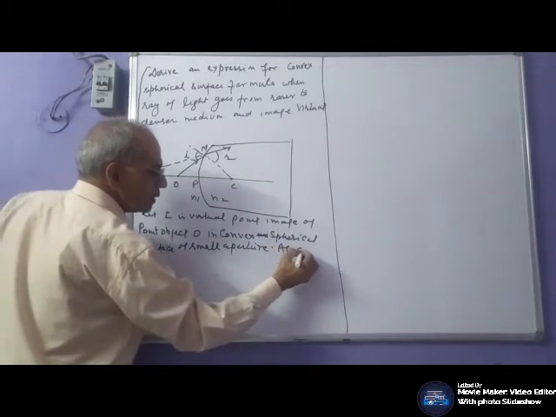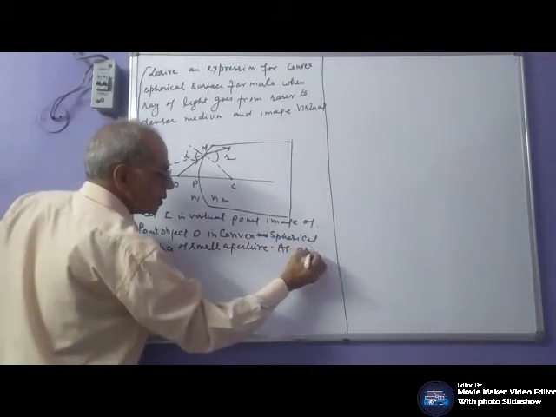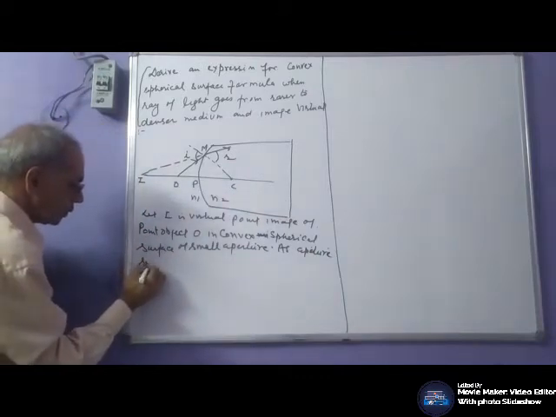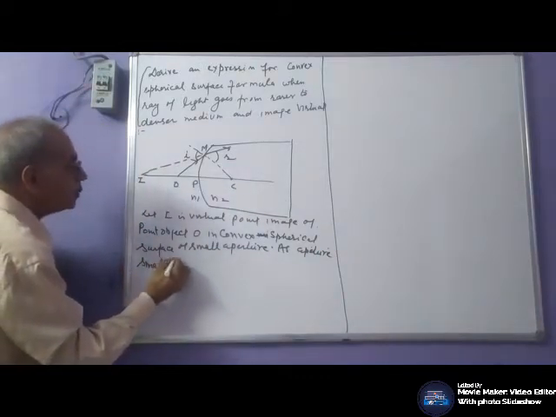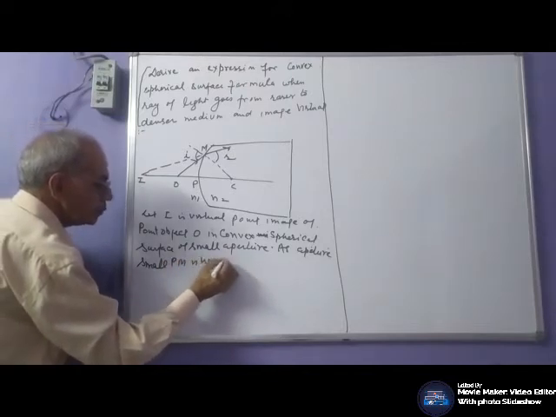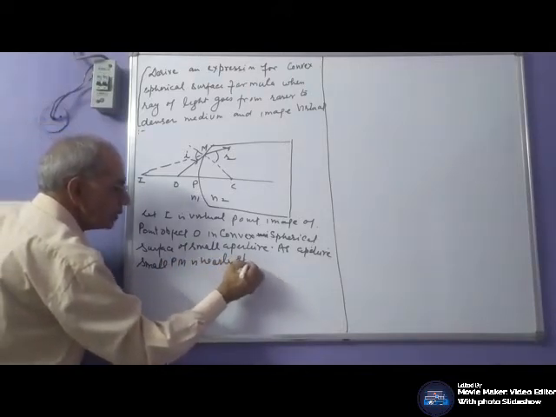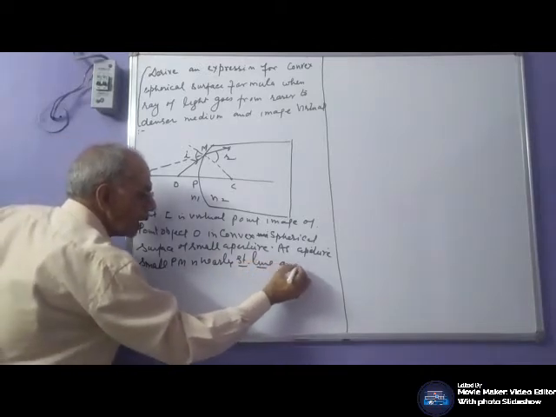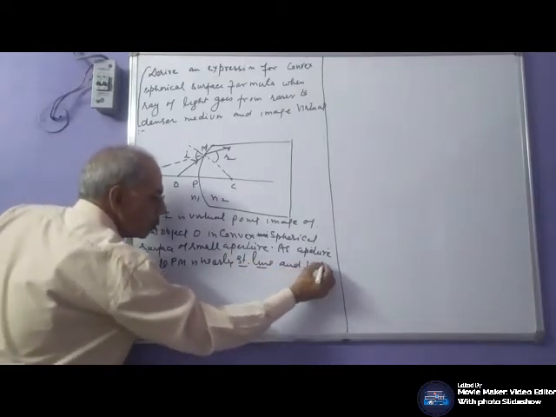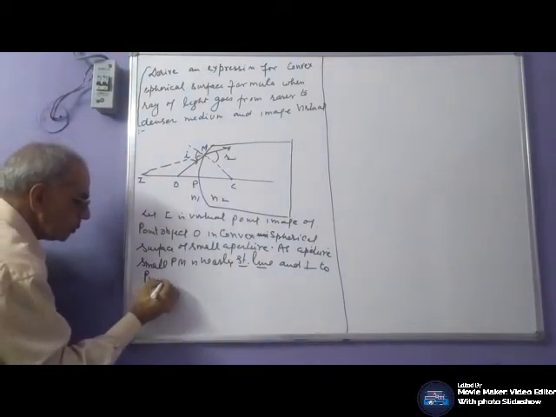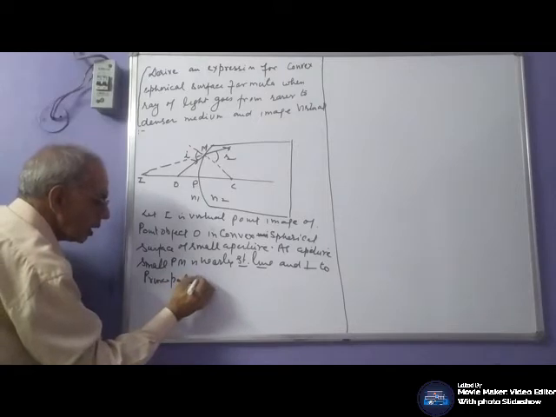As aperture is small, PM is nearly straight line and perpendicular to principal axis.